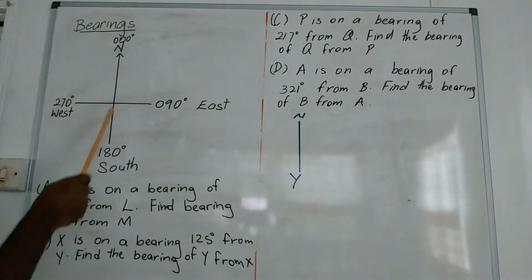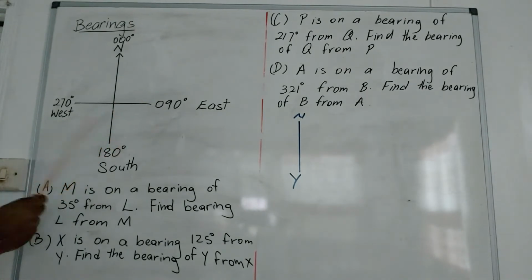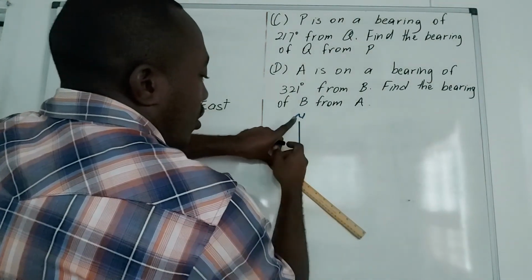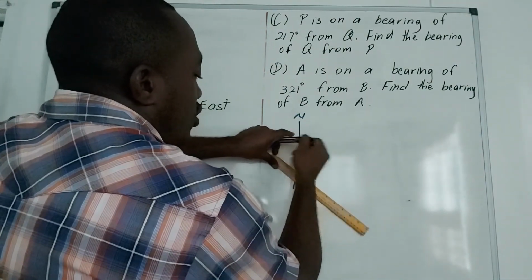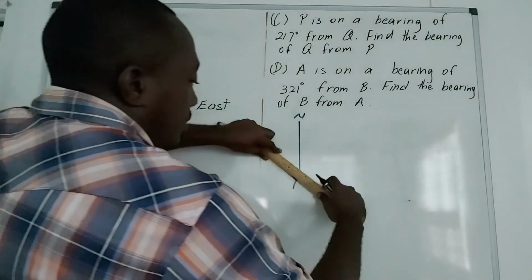Notice that 125 degrees would be between 90 and 180. So it is somewhere in this quadrant, between 90 and 180 degrees.